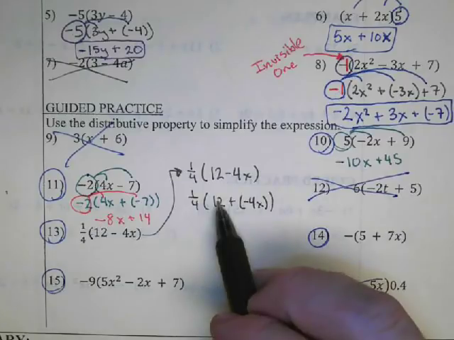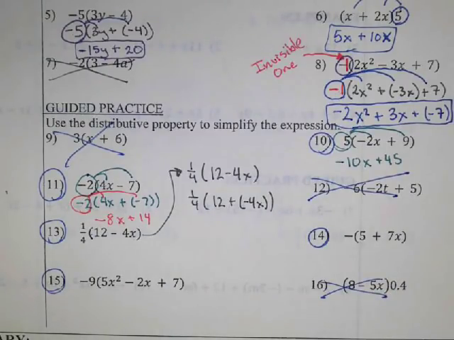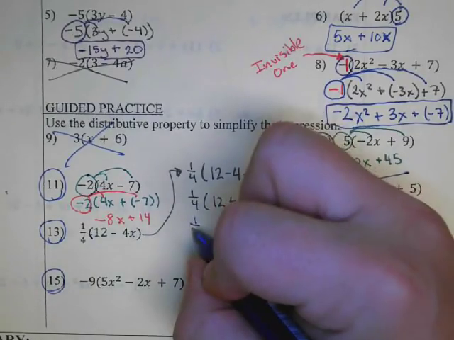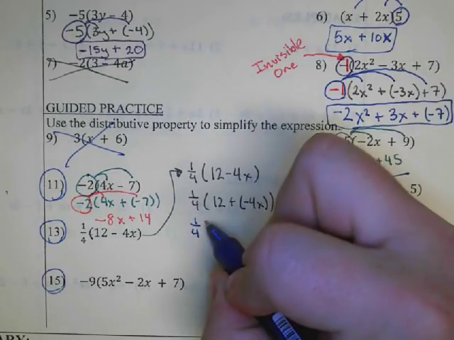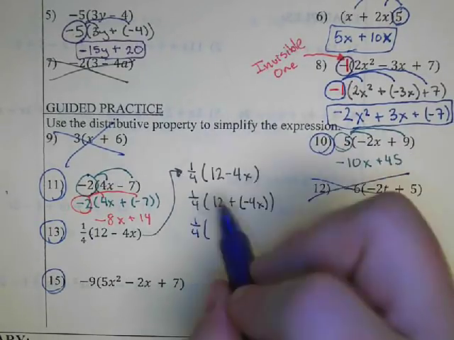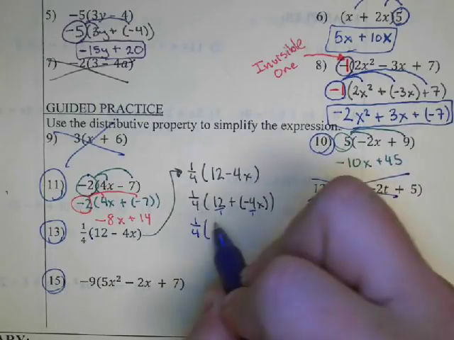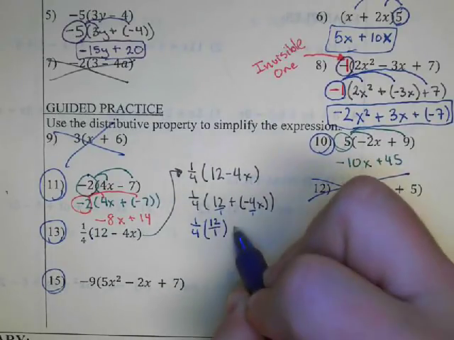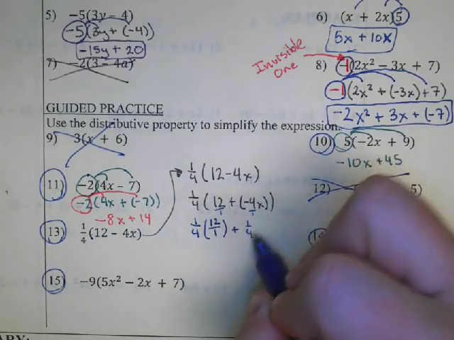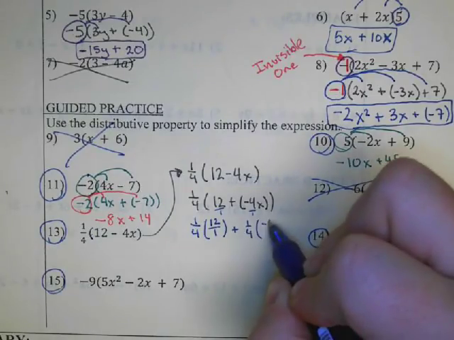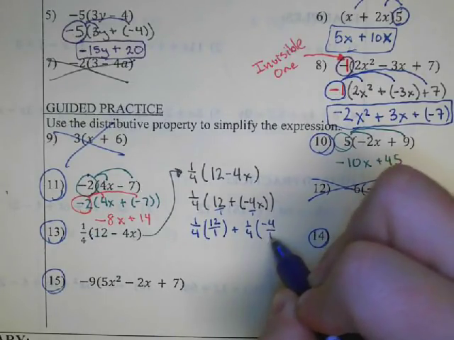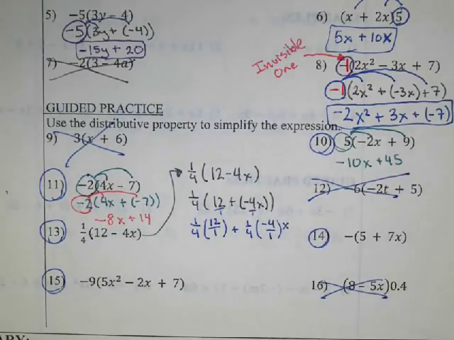Now let's multiply these together, and I will have 1/4 times, well, if this is a whole number, we'll need those hidden ones to help us do this, so it's 12 over 1 plus 1/4 times negative 4 over 1x, like that.